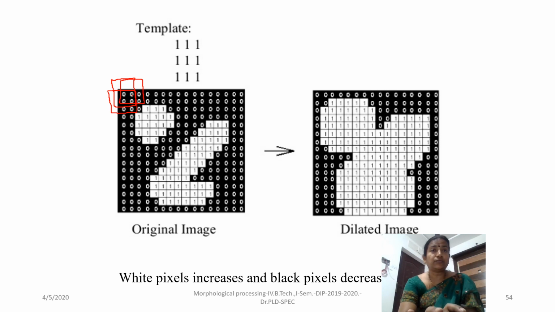Then this one is also 0. Coming to here, extending this portion like this, this is the center pixel. All are zeros here. That's why this one is also 0, and there is no question of any one here. These 4 pixels of the input image appear to be 0, 0, 0, 0 only.